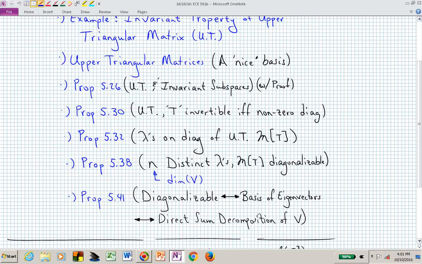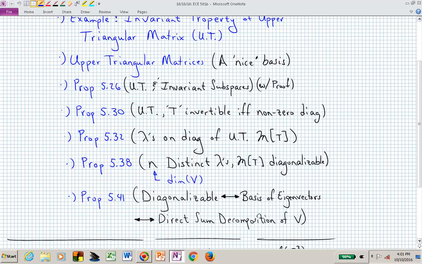These upper triangular matrices provide us with a nice basis. We can immediately start to see what's going on relative to our system behavior or this matrix representation almost by inspection when it comes to us in the form of upper triangular matrices.